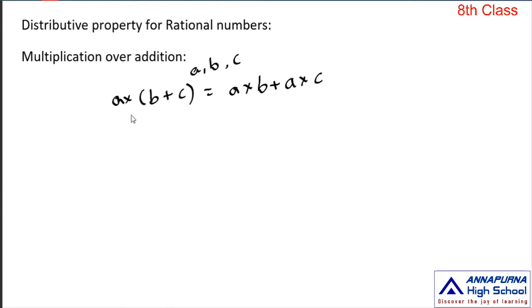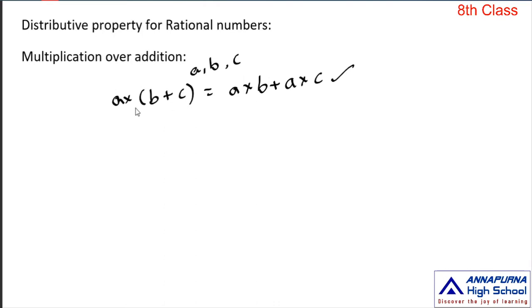That means b plus c is multiplied by a, and it is equal to a into b plus a into c. This is the mathematical condition of the distributive property of multiplication over addition.